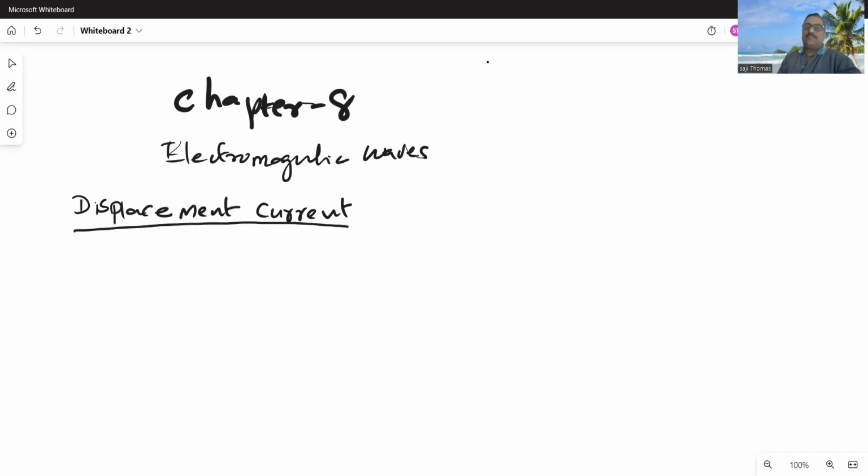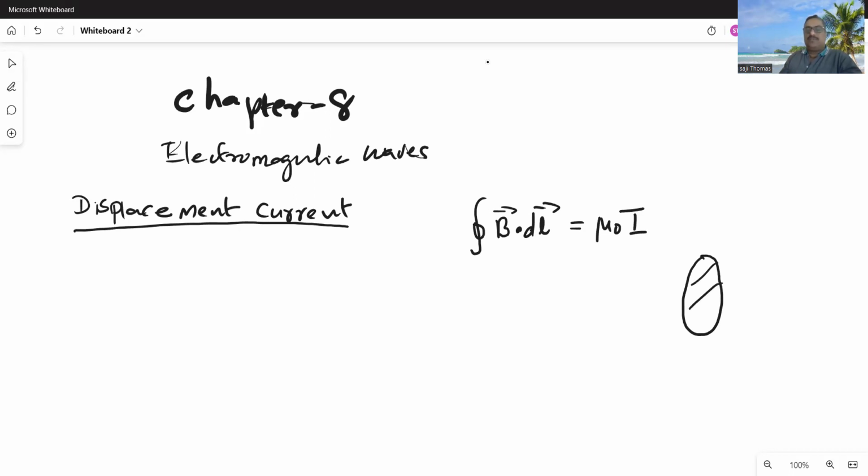In the fourth chapter, we learned Ampere's circuital law. What is Ampere's circuital law? The closed integral of B dot dl is equal to mu 0 times the current. There we consider a circular loop, and the plane of this loop is an open surface.